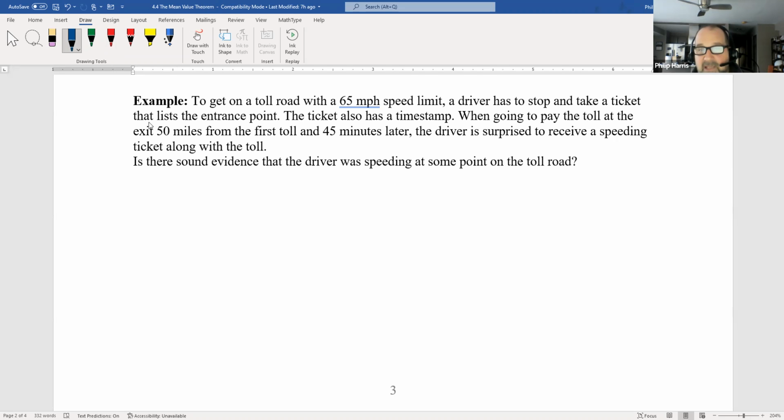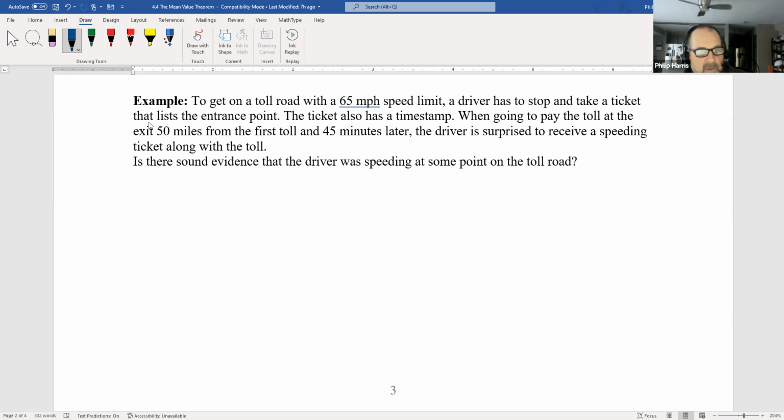The ticket also has a timestamp. So then when going to pay the toll, when he or she exits 50 miles later and 45 minutes later, the driver is surprised to receive a speeding ticket along with the toll. Is there sound evidence that the driver was speeding at some point on the toll road?